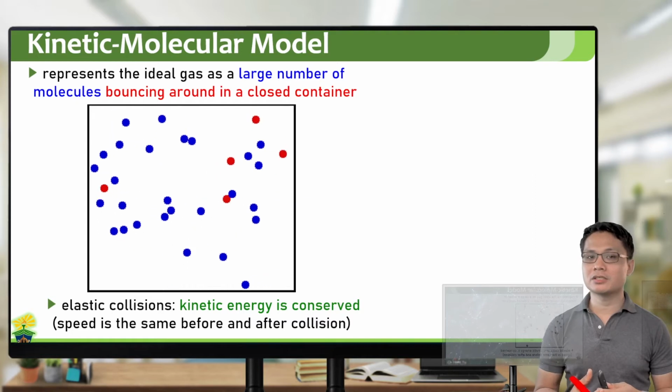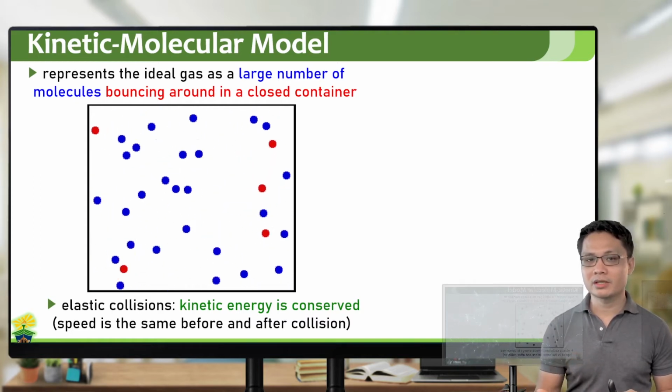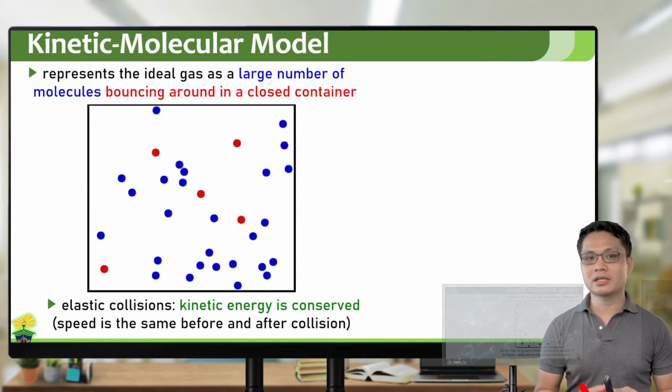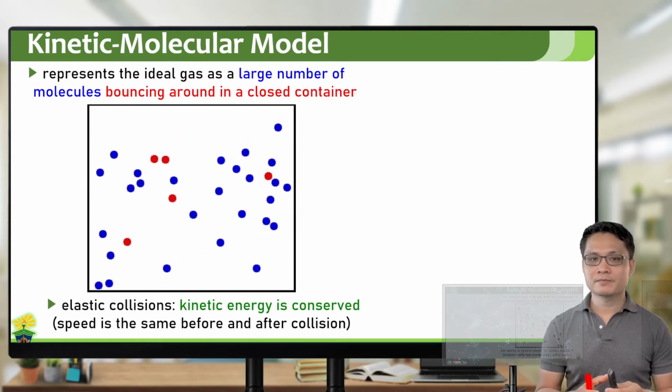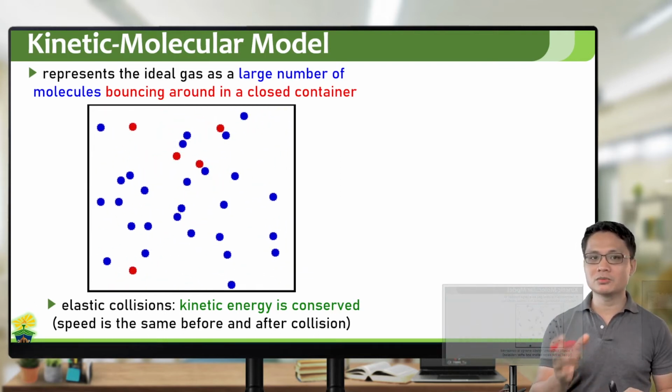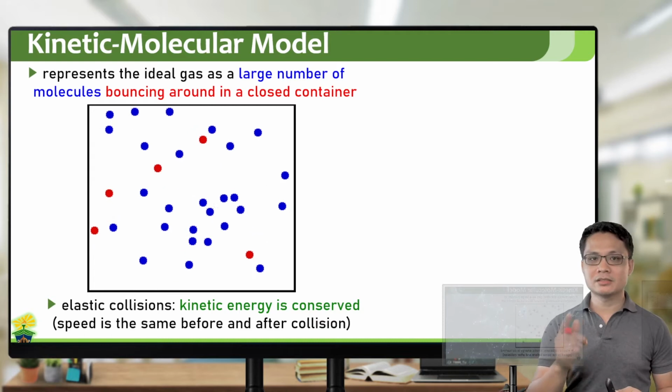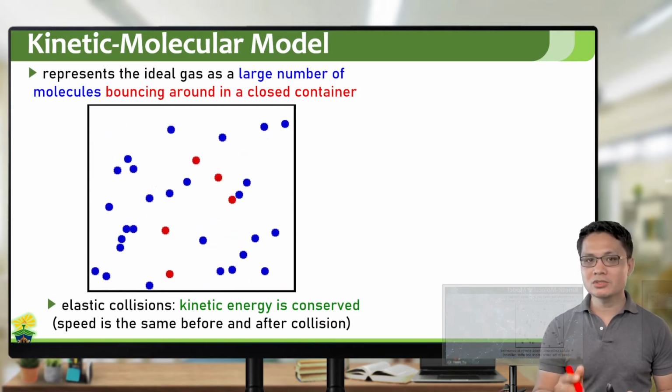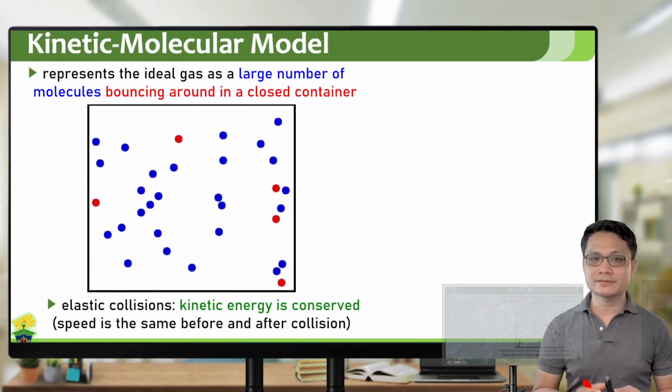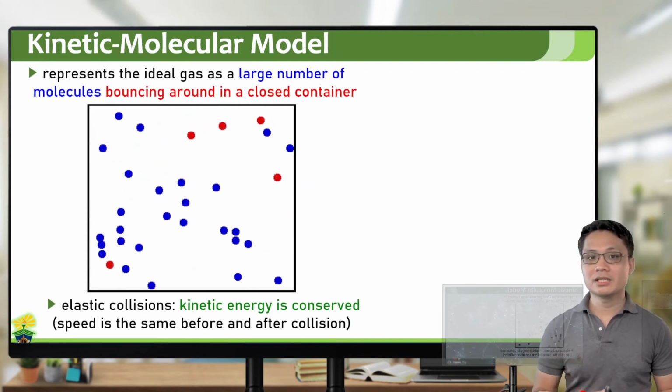Remember, the kinetic energy is expressed as 1/2 mv squared. If we retain the kinetic energy to be constant before and after collision, then it would be safe to say that the magnitudes of the velocities before and after collision would just be the same.